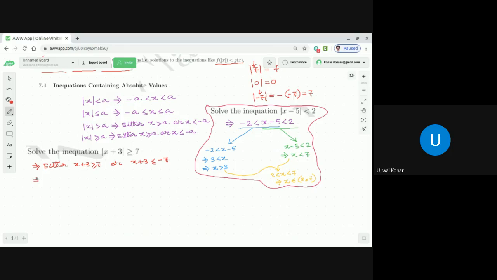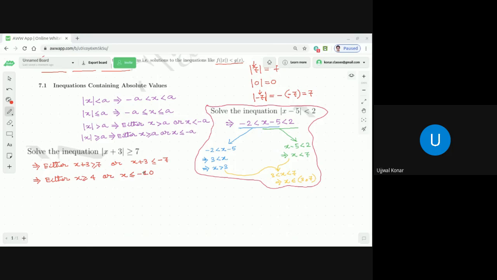Now, when we say that x plus 3 is greater than or equal to 7, that implies what? This implies either x is greater than or equal to, I'm sorry, not 10, x is greater than or equal to 7 minus 3, that is 4, or x is less than or equal to minus 10.